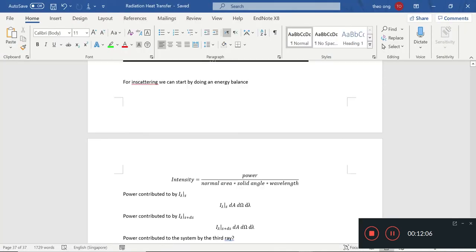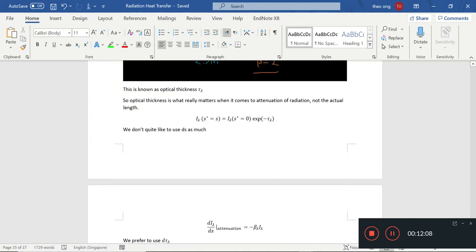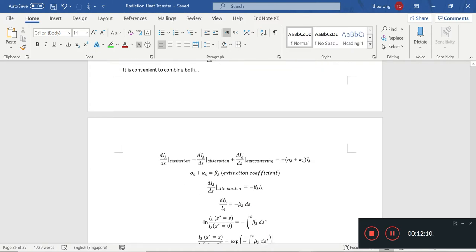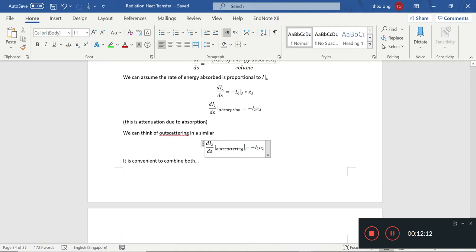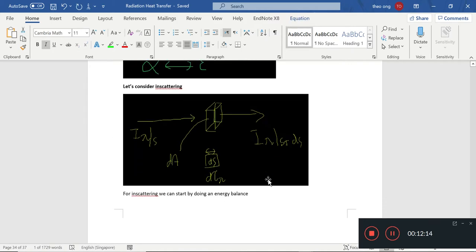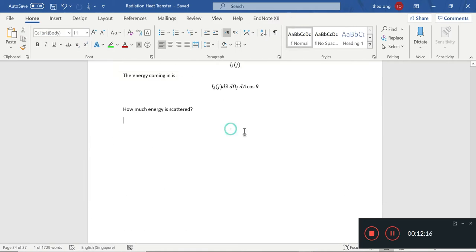Let's go back to the scattering equation that we have. So dI/ds scattering equals I lambda times sigma. So we apply this equation.